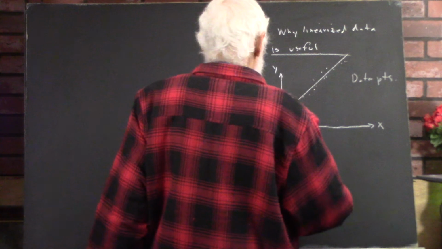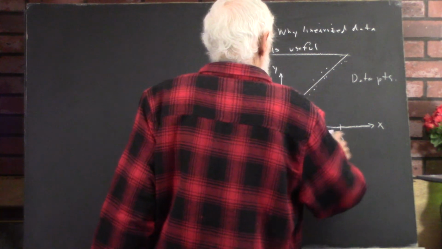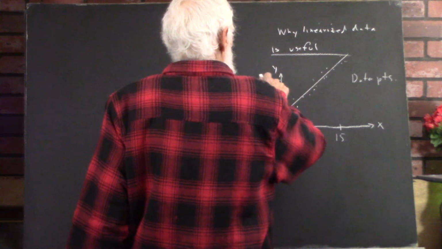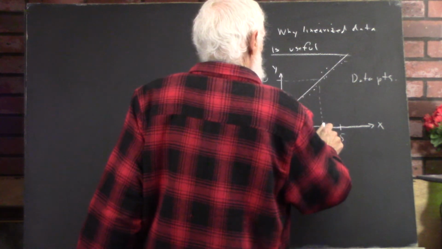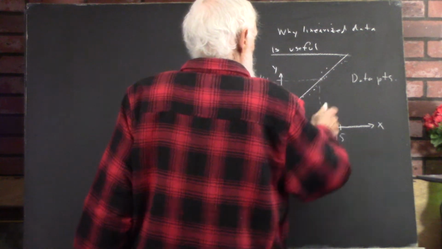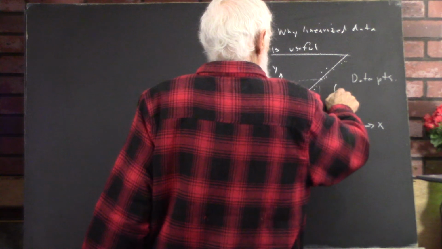So if I've got a scale here where x is 15 here and y is 10 here, then I can come over to a point on the line and estimate the coordinates of this point. I chose to use the y equals 10 point.